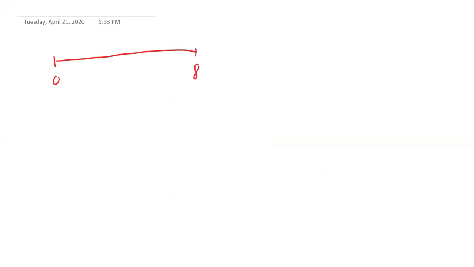And let's say I tell you, I want you to divide this interval into 5 subintervals of equal length. Or actually, let's do it easier, into 4 subintervals of equal length, right?